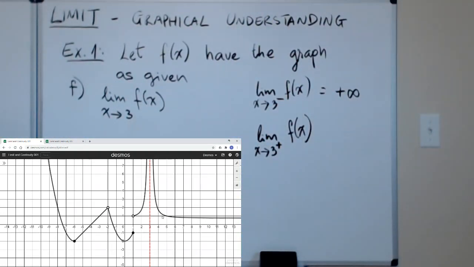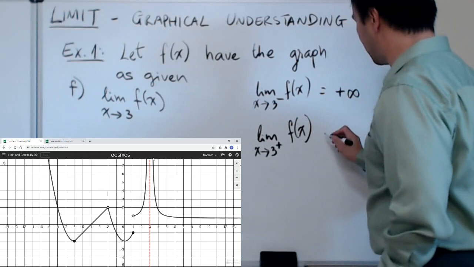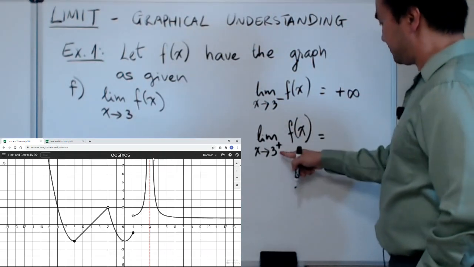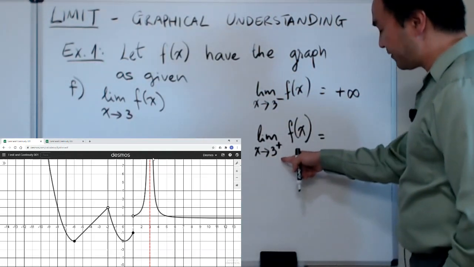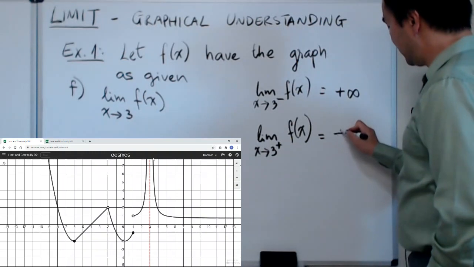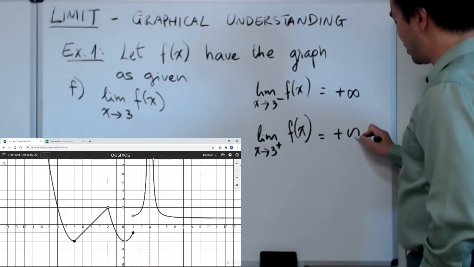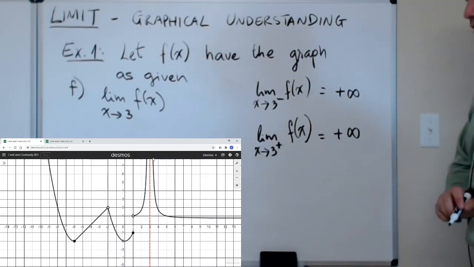I'm tracing along my graph, and as I'm tracing along my graph here, my x value is getting closer to 3, but my y value keeps rising and rising and rising. And so now I can conclude that the limit for x getting close to 3 from the right-hand side on this function is also going to grow to positive infinity.